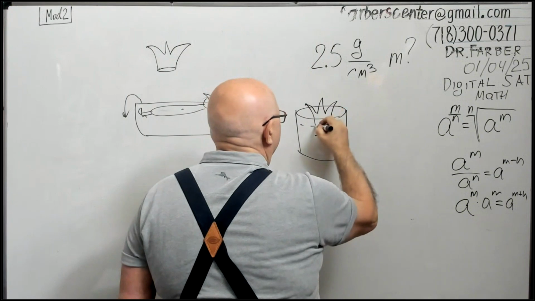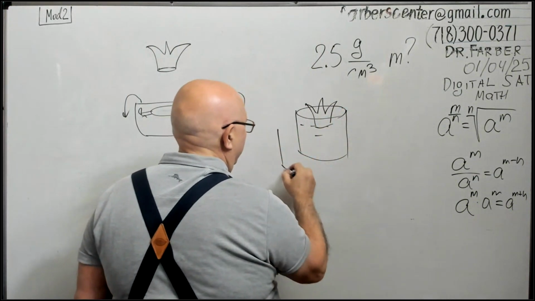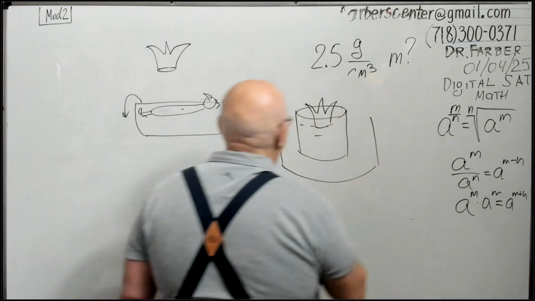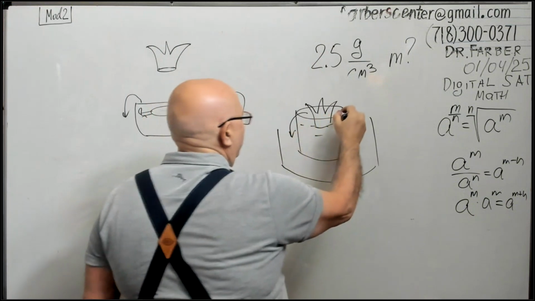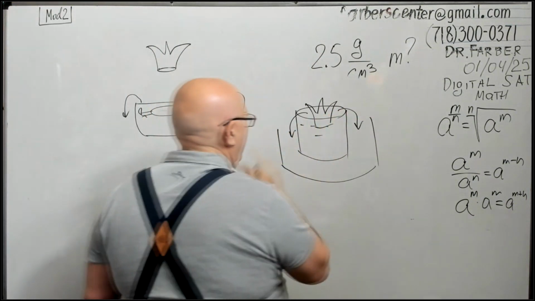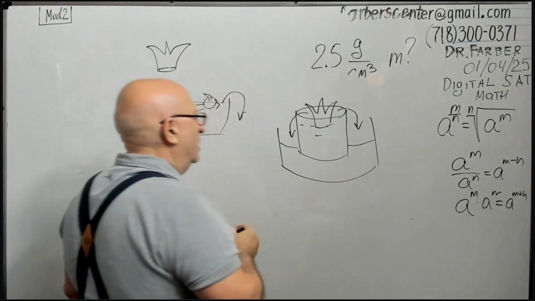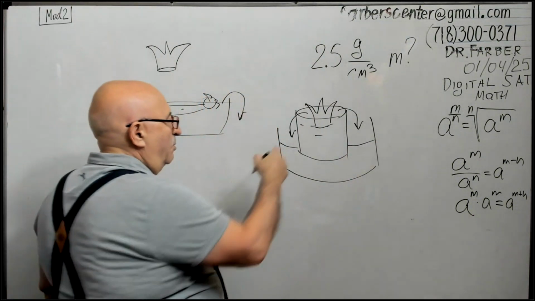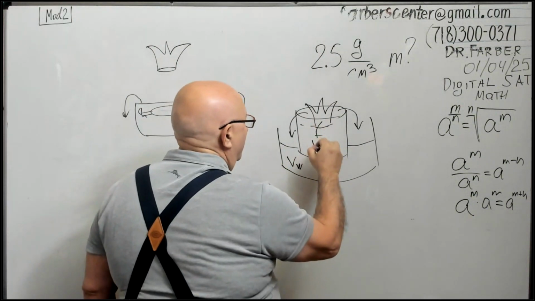And this was inside of another container. And water dripped out of this. According to his statement, now we have water over there. His point is the volume of this water equals the volume of this crown.